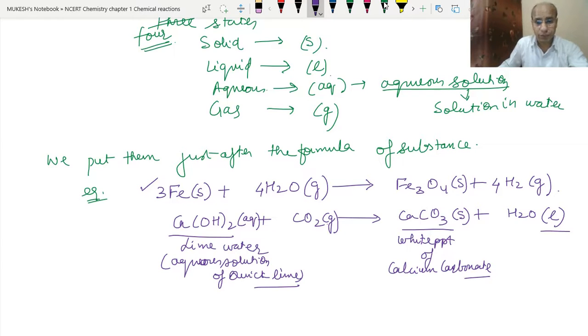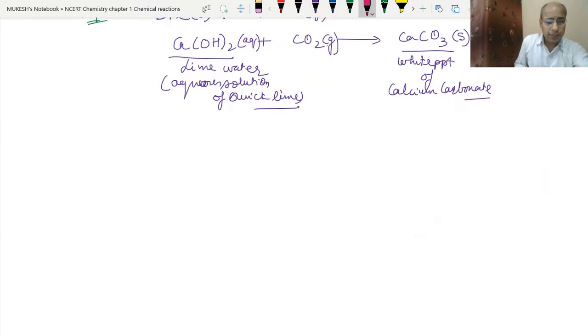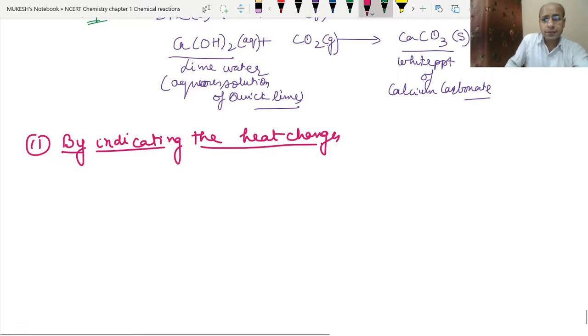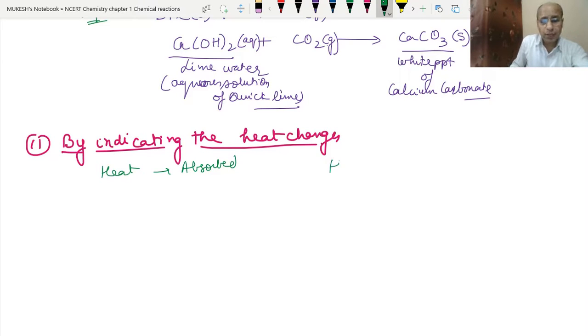Now the second one: by indicating the heat changes. See what kind of heat changes can take place. Heat can either be absorbed or given.